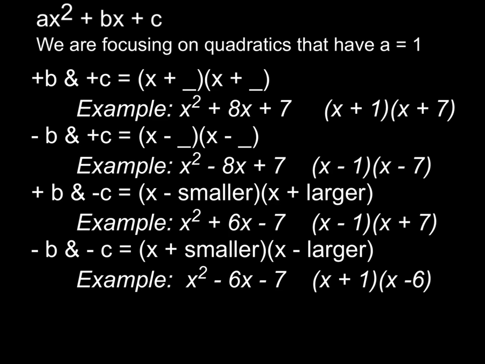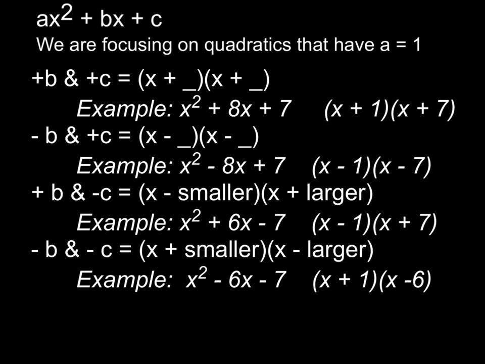Okay? When that happens, you'll notice that you may have seen the pattern here where when b and c are both positive, you ended up getting an x plus something and an x plus something. So, for example, if I have x squared plus 8x plus 7, I would know that my two factors are going to have a plus inside there.